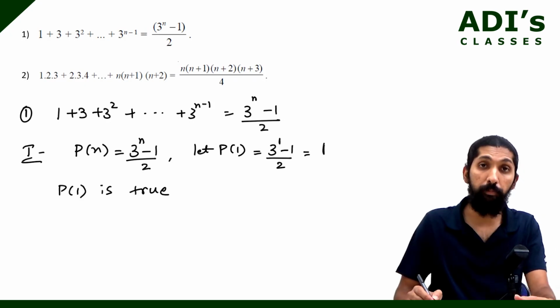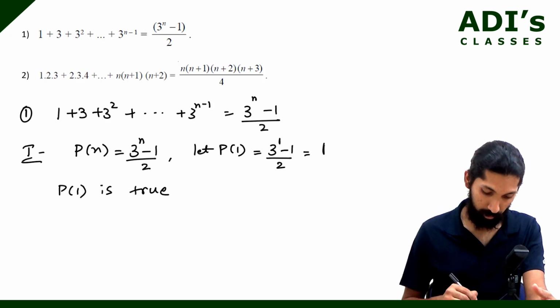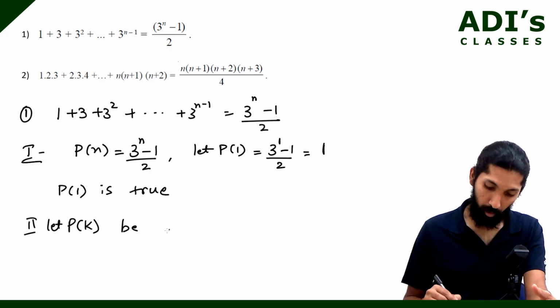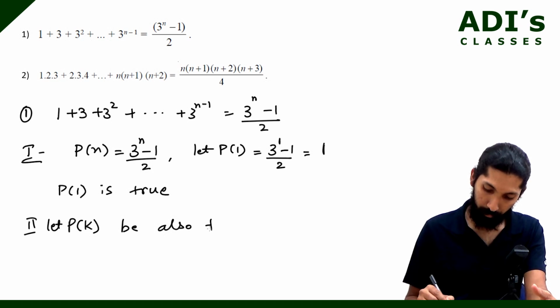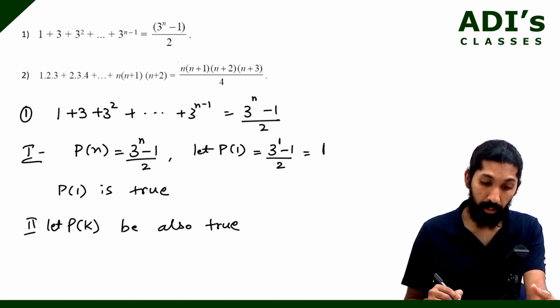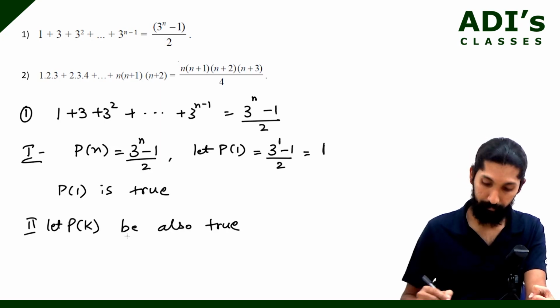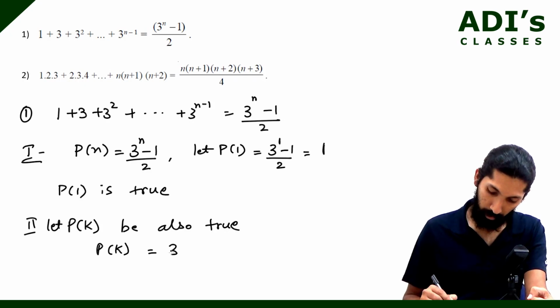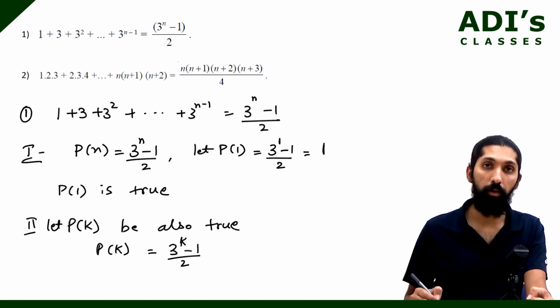Now, the second part is P of k. Let P of k also be true. So, P of k is equal to (3 power k minus 1) divided by 2.